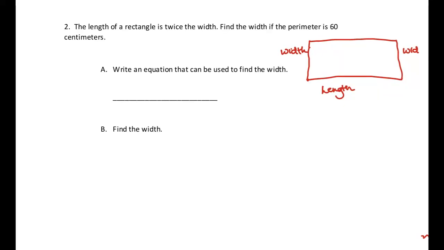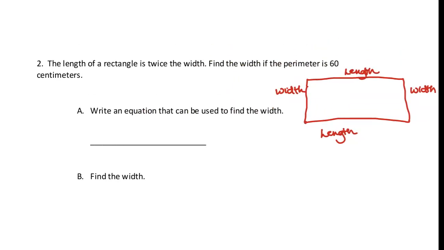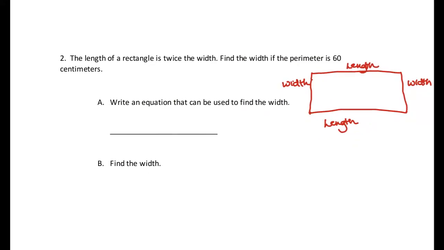This is length. So you have 2 lengths, 2 longer sides, and 2 widths. The length of the rectangle is twice the width. Well, how might we represent the width here?